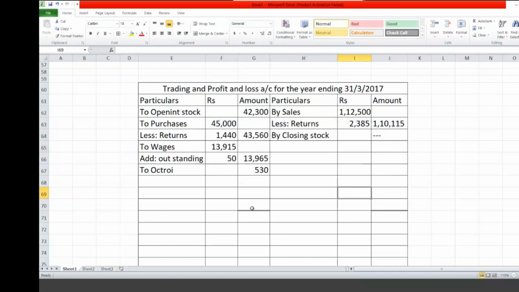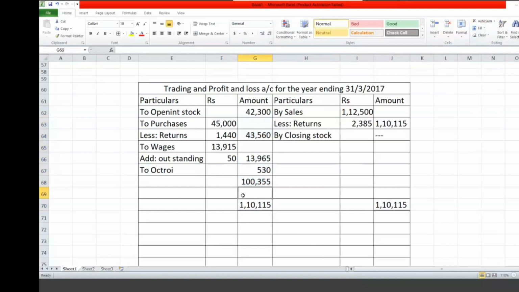Okay. Now let's do the total. Both sides. It is 1,10,115. Here also 1,10,115. Now do the total of the debit side. What is the total of debit? How much did we get? It is 1,355. Now let's find out what the gross profit is. 1,10,115 minus 1,355.